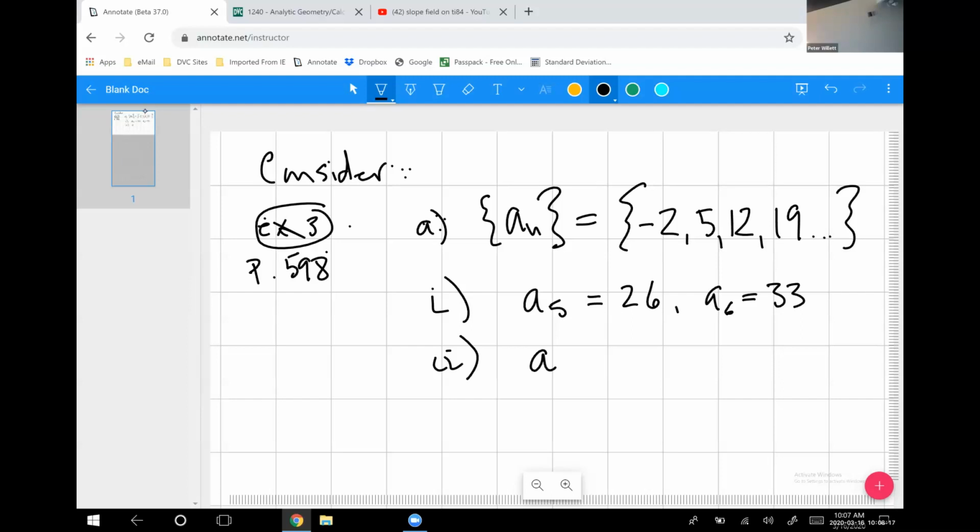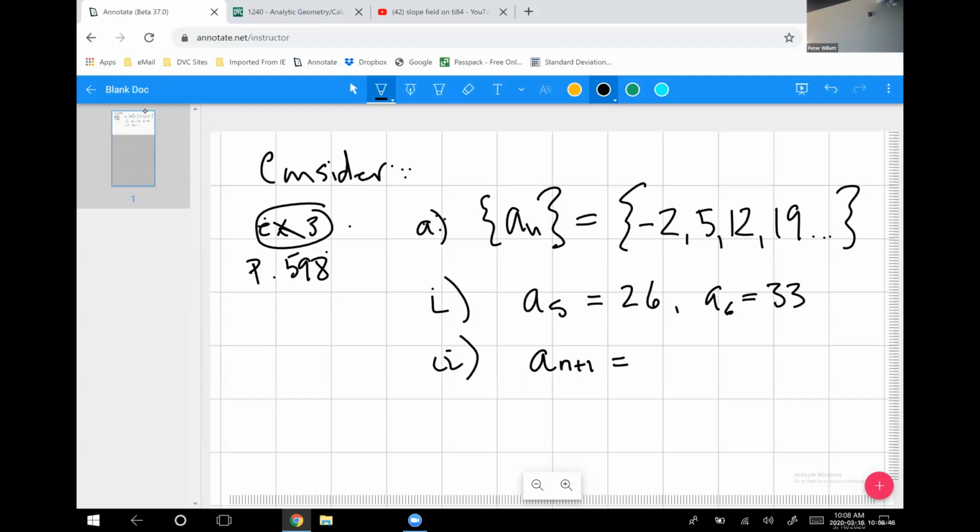the next term in the sequence, and this is written as a sub n plus 1. I'm referring to that as the next term because normally we use a sub n to refer to a particular term. So if I add 1 to n, then I get the next term. And then what you give with a recursive relation is you show how the n plus 1th term would be arrived at using the previous term, using the nth term.